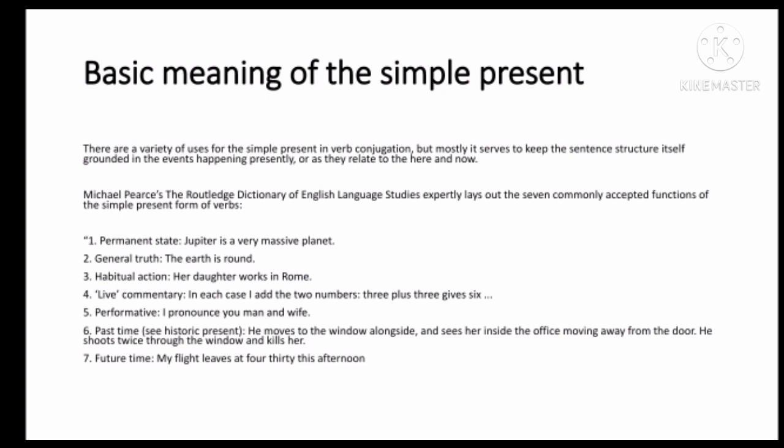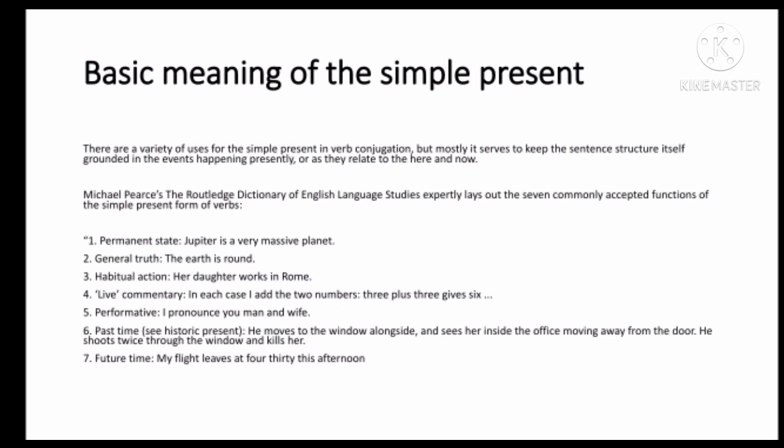There are a variety of uses for the simple present in verb conjugation, but mostly it serves to keep the sentence structure itself grounded in the event happening presently or as they relate to the here and now. Here are the 7 commonly accepted functions of the simple present form of verbs.